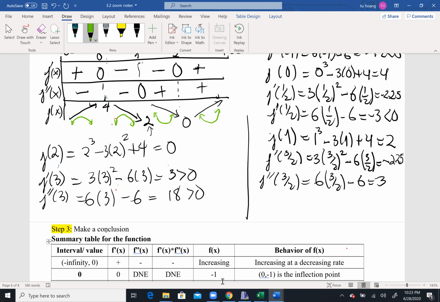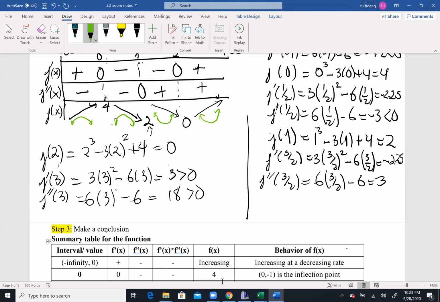For the second derivative of f, I don't know, but I know that it should be negative. For the product, it has to be negative. And for f(x), it has to be 4.